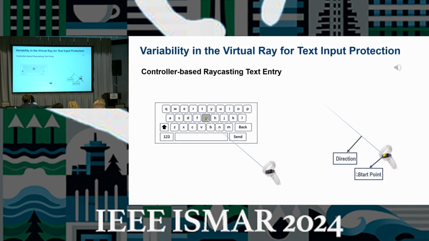Considering that the controller-based raycasting text entry method is currently the most commonly used method in VR, we use this text entry technique to verify our idea, introducing variability in the direction and start point of the virtual ring.